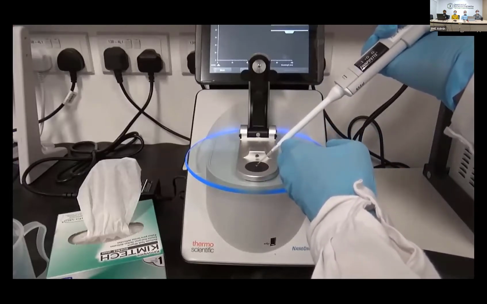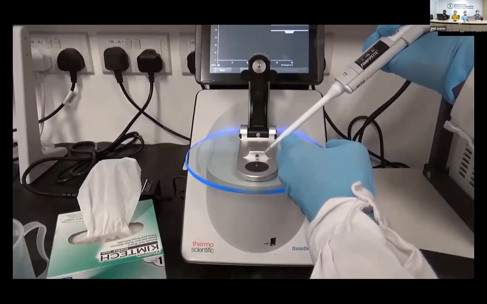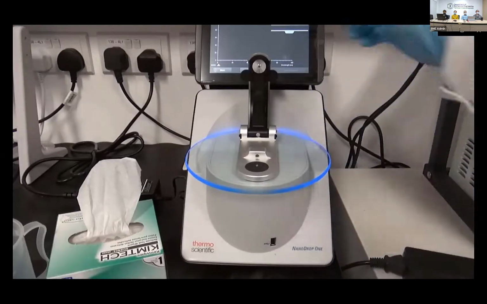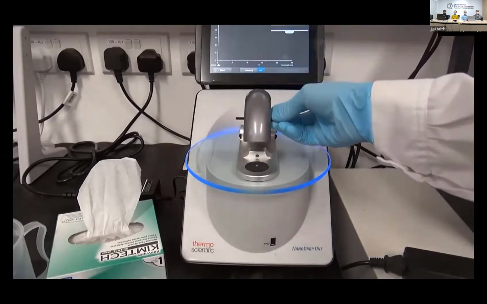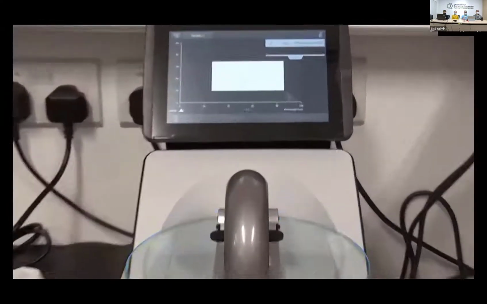Load your DNA sample very carefully on the pedestal. Lower the lever, and it will automatically start measuring.